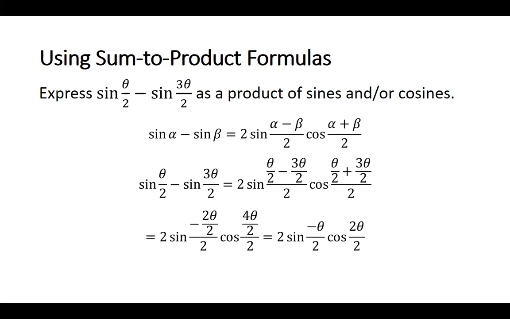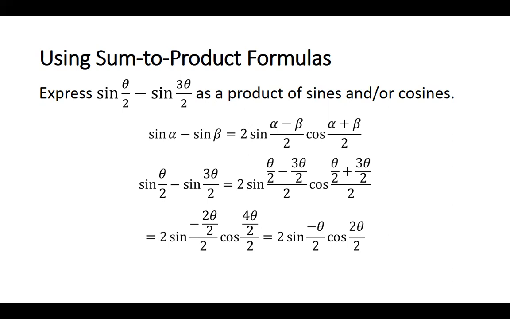I hate to use that over and over again, but remember 2 is equal to 2 over 1. So we're not canceling out the denominators of the top of our function, we're actually canceling out the numerators. So that negative 2 theta over 2 divided by 2 cancels out to be negative theta over 2.